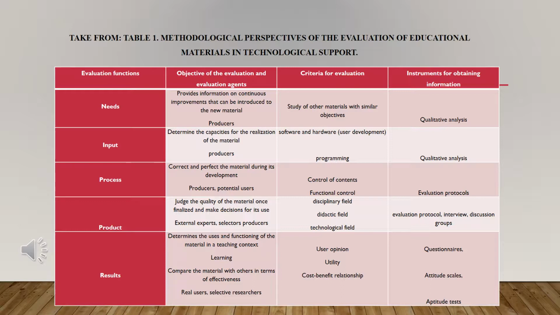And last is the result: determine the use and the functionality of the material in teaching contents, learning, and compare the material with another third of effectiveness, real user, selective research, and user opinion, utility, and cost-benefit relationship, questionnaires, attitude scales, attitude tests.